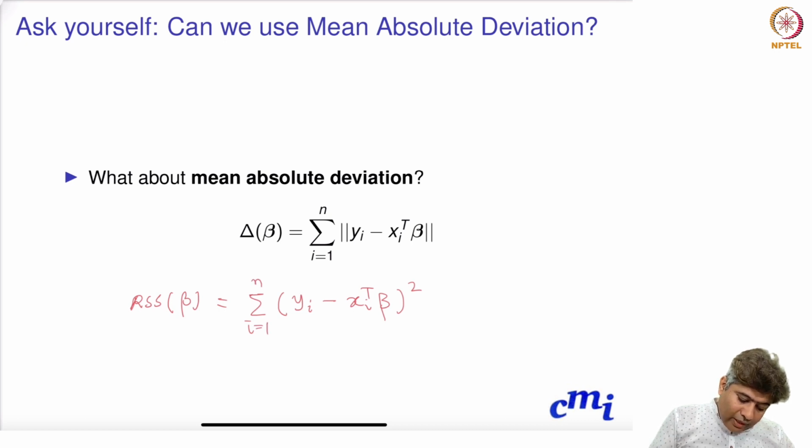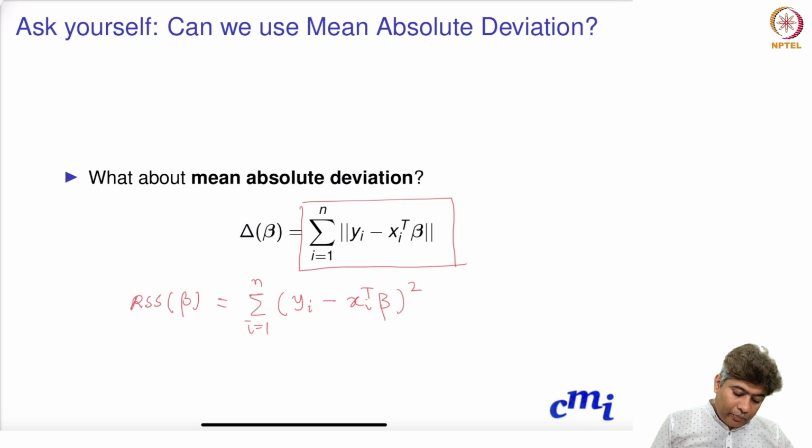It is trying to minimize this residual sum of squares. Now the question is, can you try to minimize the absolute deviation?